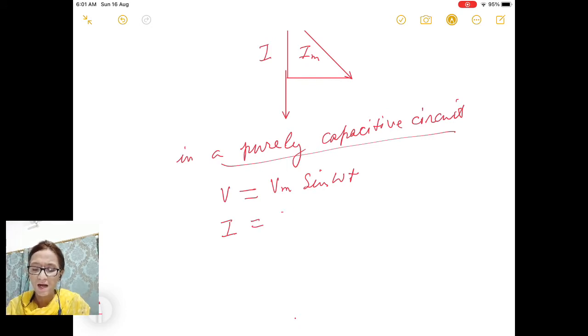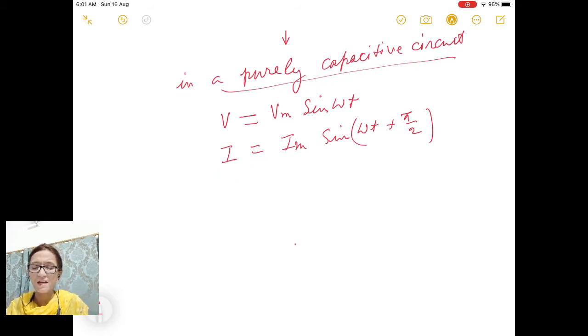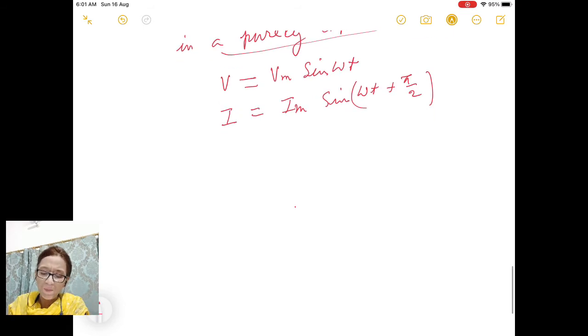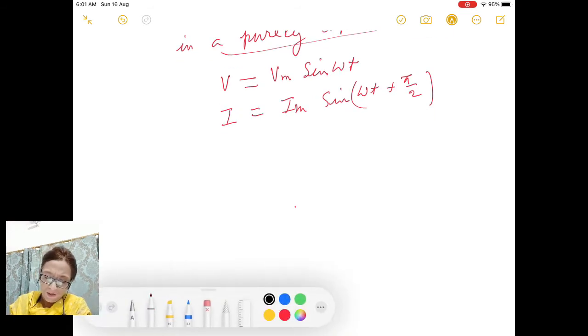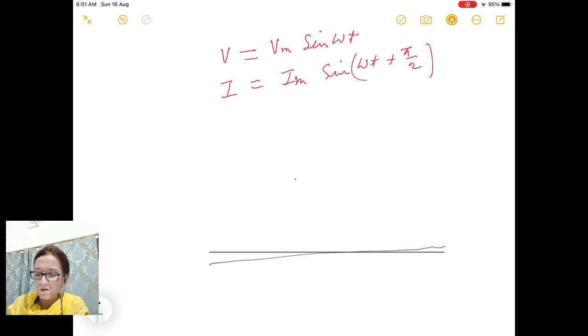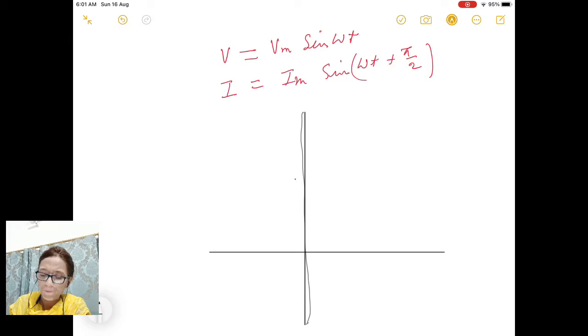So I is equal to Im sine, here phase angle is larger by pi by 2. So omega t plus pi by 2. And we are to draw phasor diagram, phasor vector in purely capacitive circuit. So let us draw the phasor diagram for voltage phasor and current phasor.